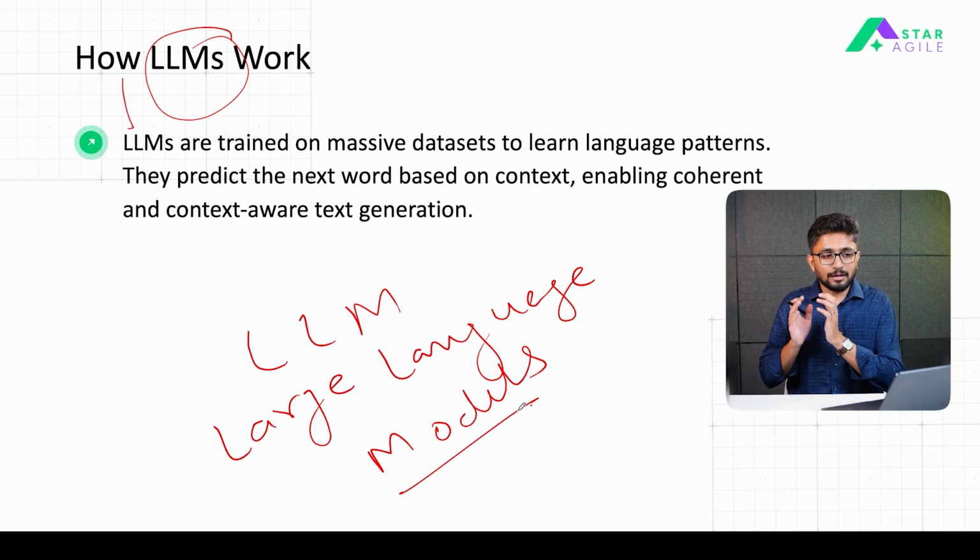So until they are context aware, until they know how to interpret the language, what are the building blocks of exactly structuring an output correctly, until then you continue to train these models, you keep feeding them more and more data, and eventually there will come a point wherein they are good enough and sophisticated enough to generate decent, useful content, right? So the powerhouse of these Gen AI models are large language models.